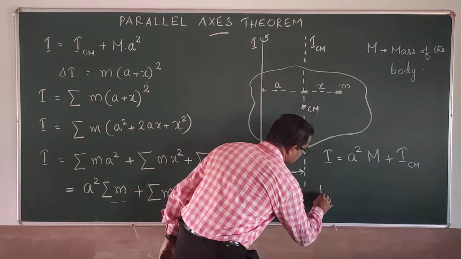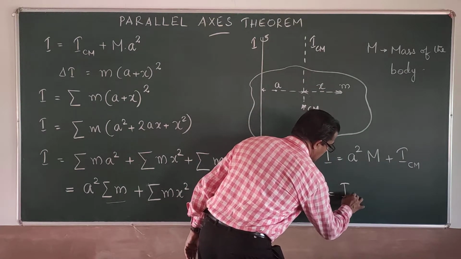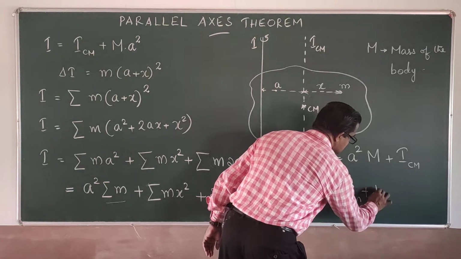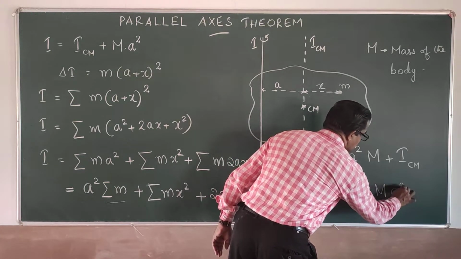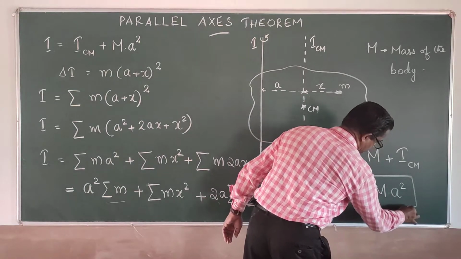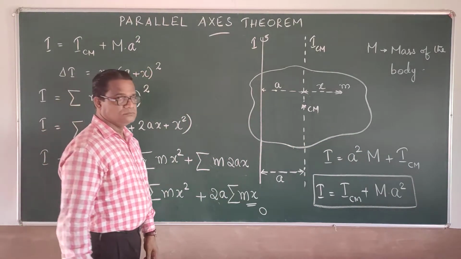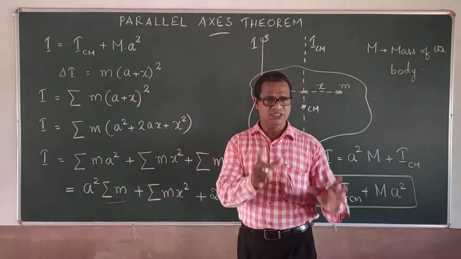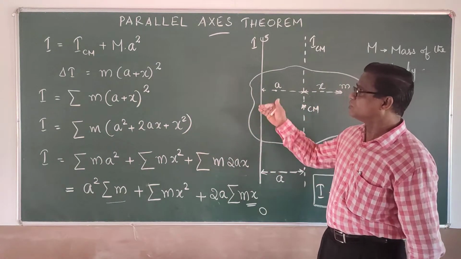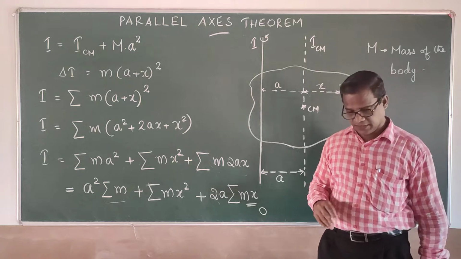So what I get here is I equal to I_CM plus m into a square, as stated above. This is a small derivation you can have for the parallel axis theorem.